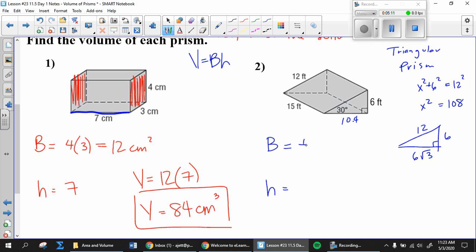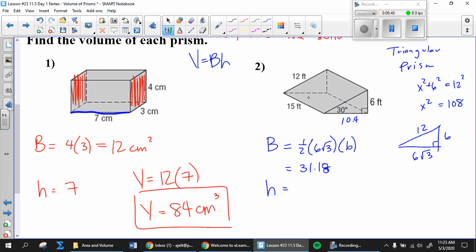So then to find the area of our base, we take 1/2 base 6 root 3 times 6. So when we type that in, we get 31.17. Actually, if we round that, it would be 31.18.